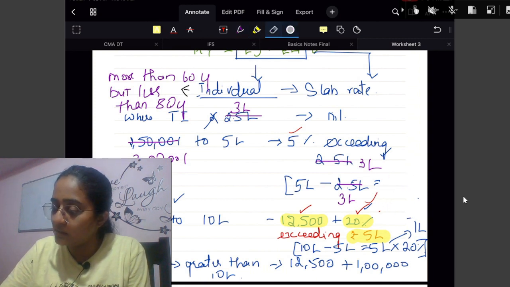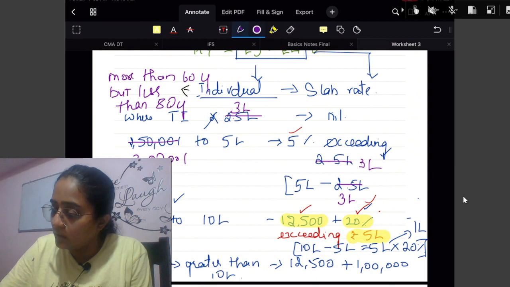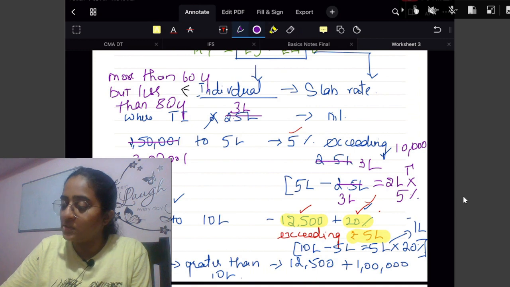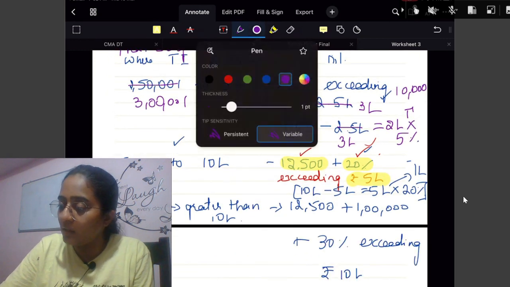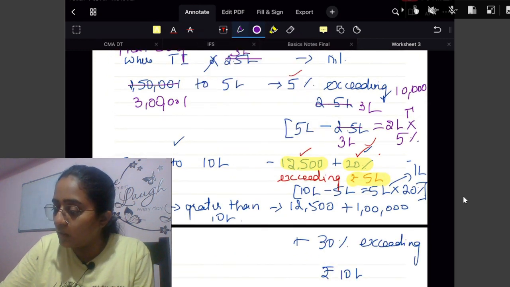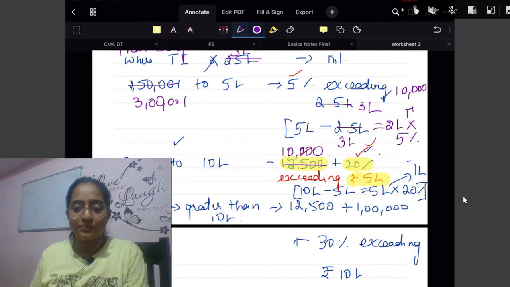It's going to be 2 lakh into 5%, which is 10,000. So instead of me recording 12,500 here, I'm going to record 10,000. That is the difference which is happening.